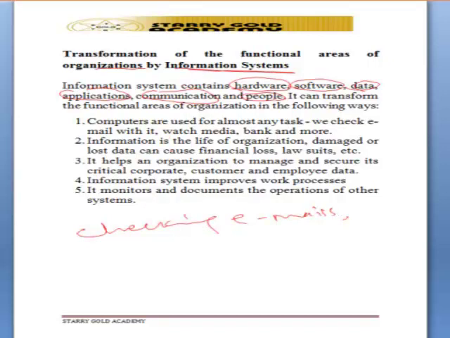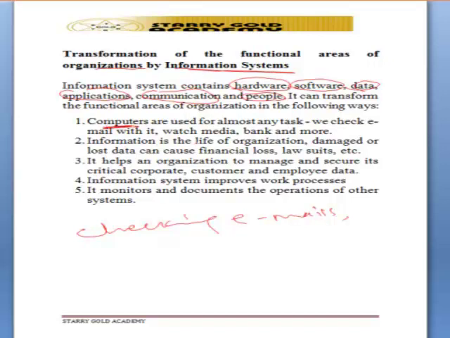So we check emails with it, we watch media, do banking and so many other activities: conversion of documents, desktop publishing, archival storage, telecommuting, teleconferencing, video conferencing. So all the various tasks we carry out in an office or in organizations can easily be carried out with the help of computers.